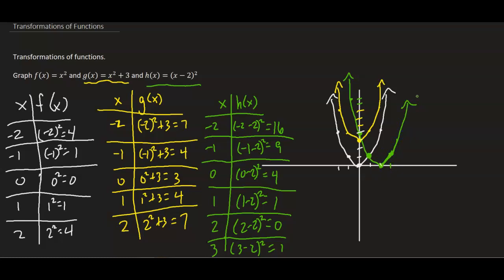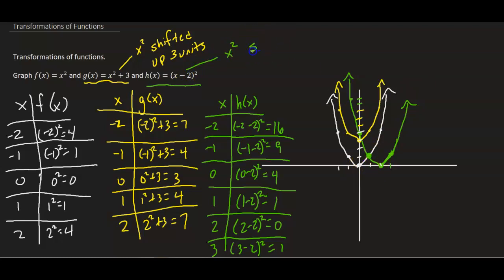All right. So if we're looking at defining these transformations, if I'm beginning with f of x, the transformation of plus 3 means that this graph is x squared shifted up 3 units. And you can see that from our table of values here and how we got that. Okay. The green one here, h of x, this is x squared, and what did we do?